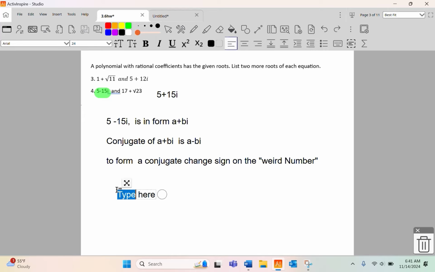I hope you agree that, if you look at 17 plus the root of 23, you should agree that root 23 is the weird piece. So all I have to do is change the sign on the weird number. So if 17 plus root 23 is a root, then 17 minus square root of 23 is the other one.